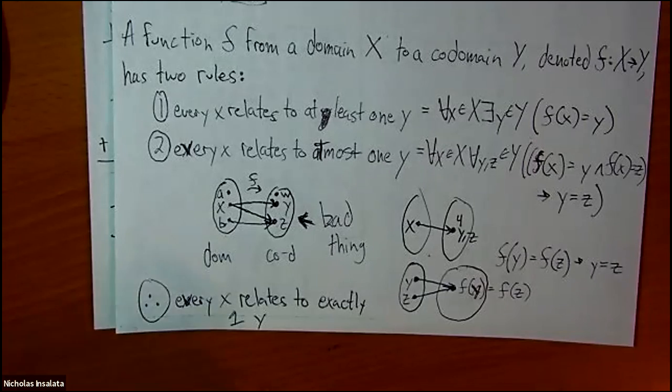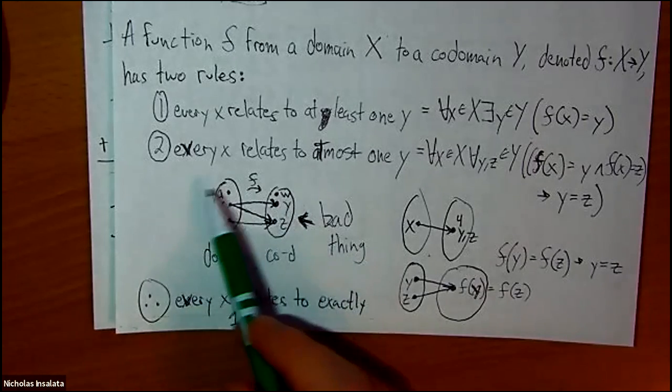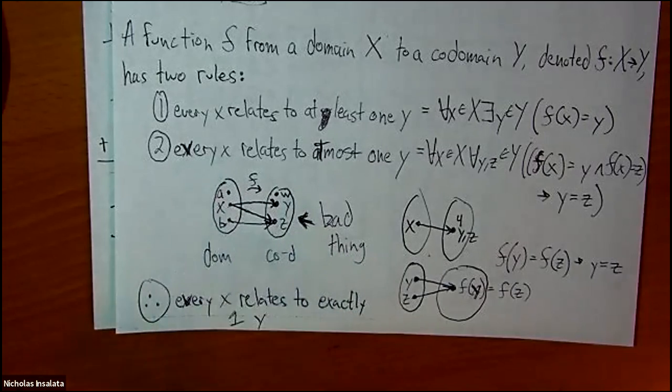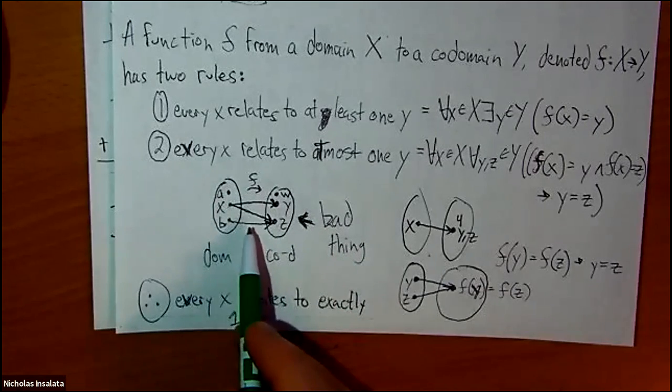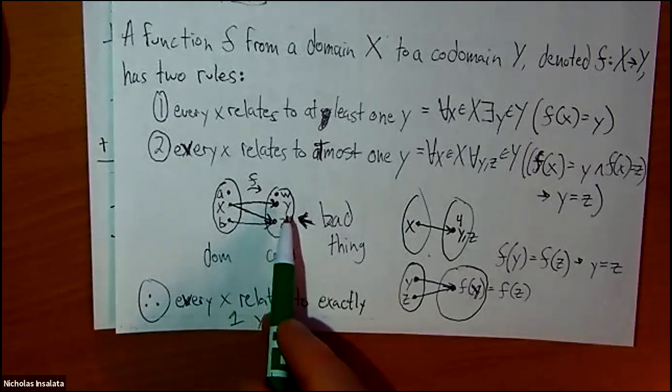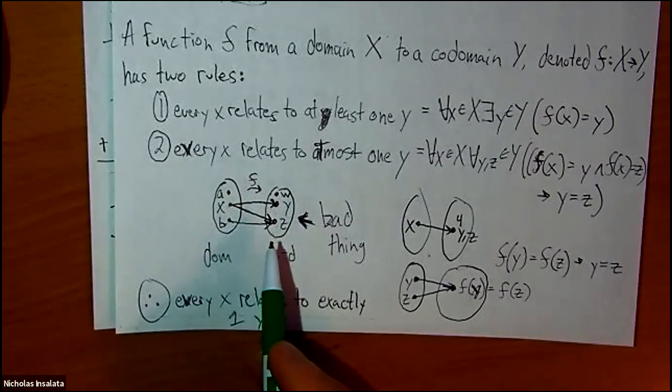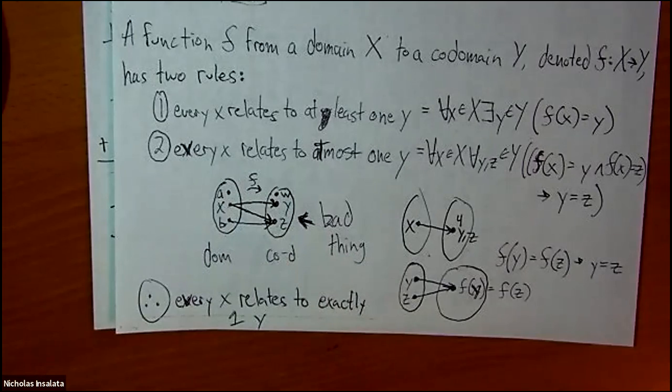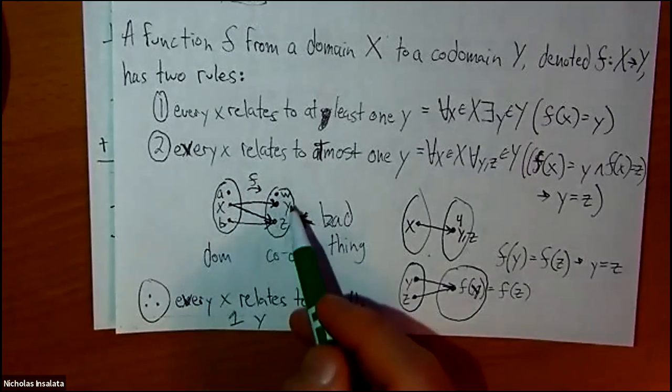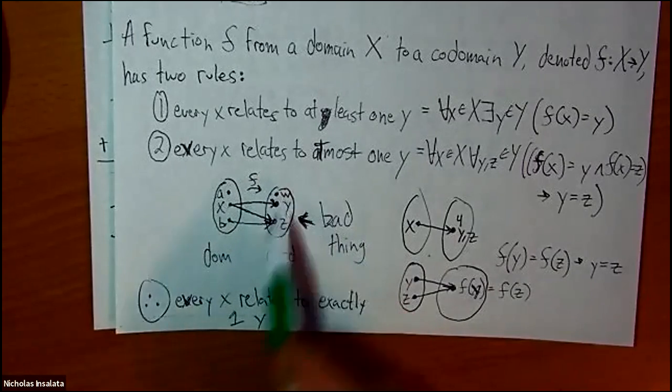Okay, so what would be the range for this particular function? Although it's not a function because it's breaking the rules, if we were to think of this as a function, what would be the range? Y and Z, those are the things getting mapped to. W would not be included in the range.